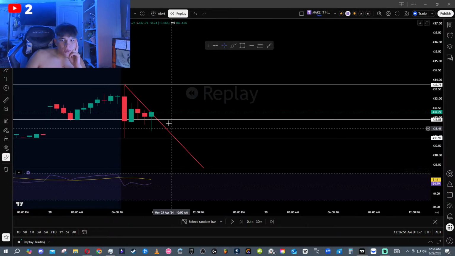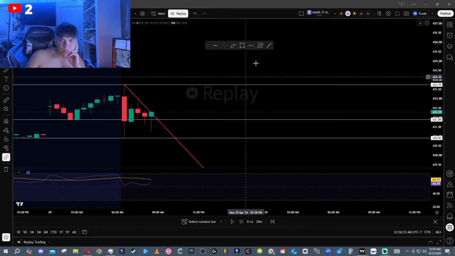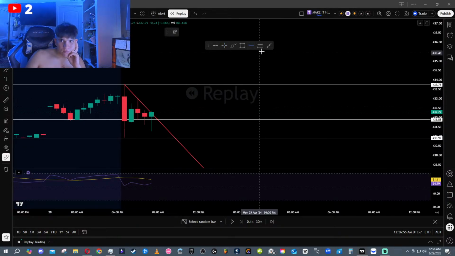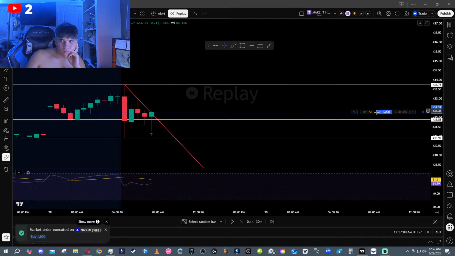This is bullish. It wants to move up. Triangle breakout. So I always go for 10%.